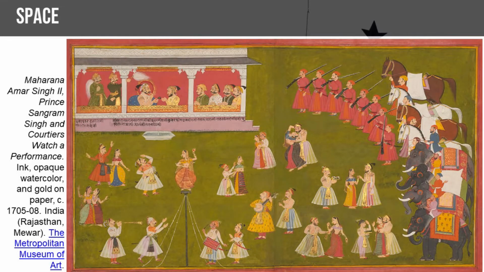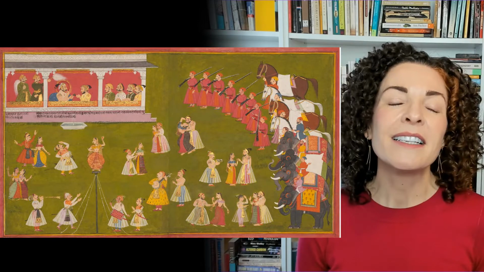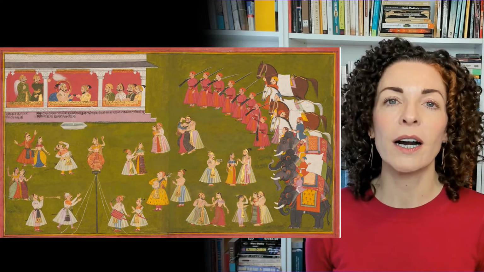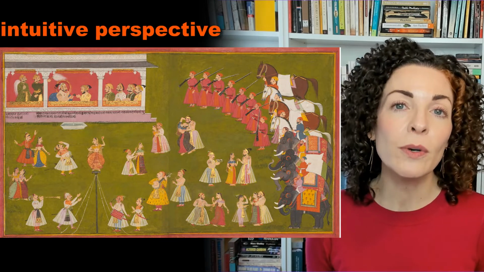In this small image from an illustrated manuscript, Maharana Amar Singh II, Prince Sangram Singh, and courtiers watch the performance of an acrobat and musicians. Space is presented not scientifically or optically, but intuitively.